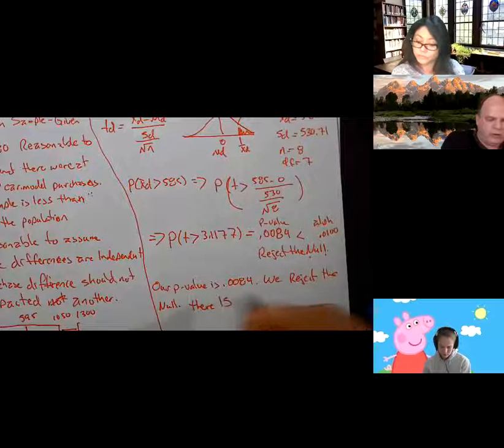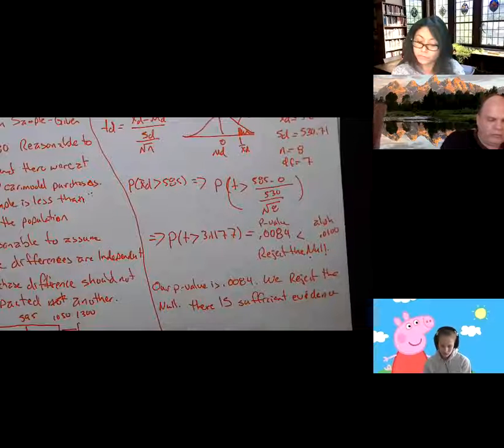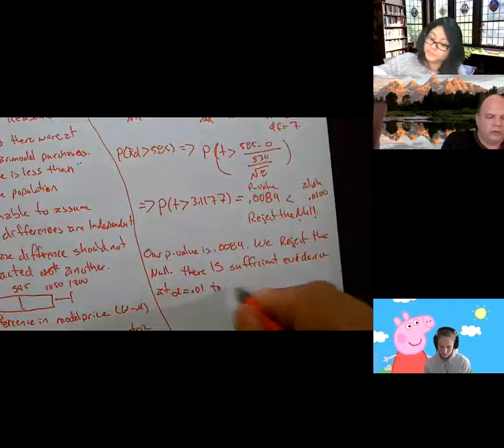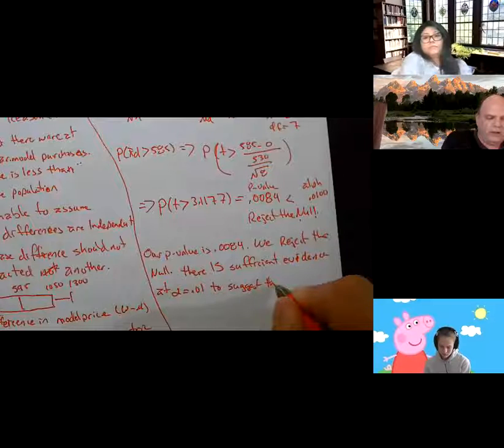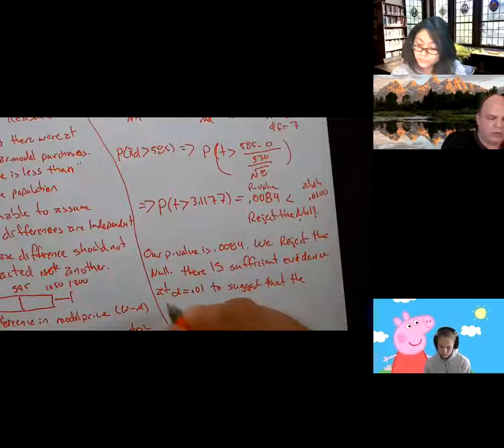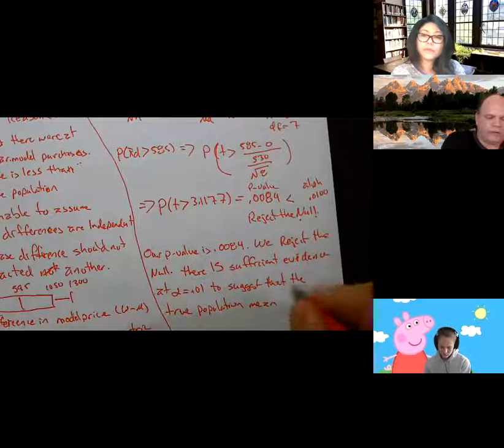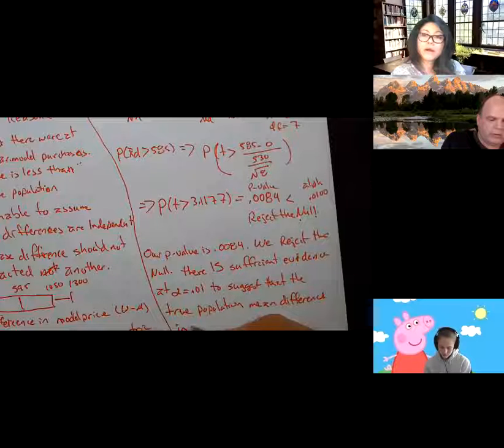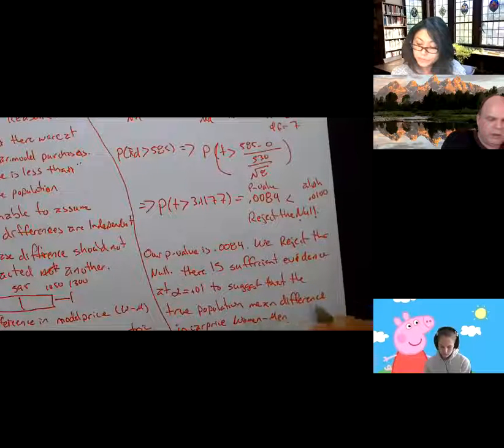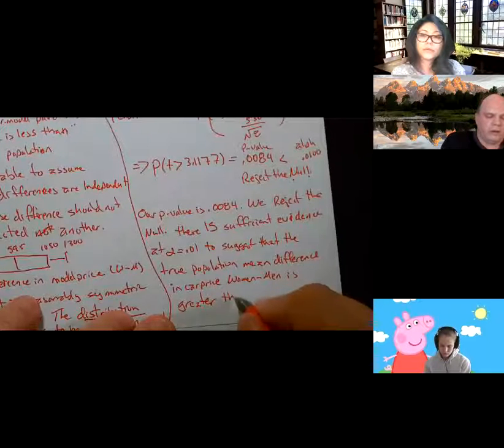There is sufficient evidence at alpha equal 0.01 to suggest that the true population mean difference in car price, women minus men, is greater than 0.